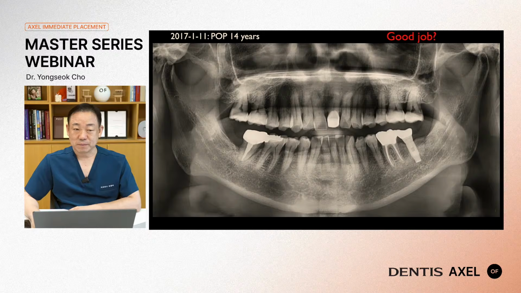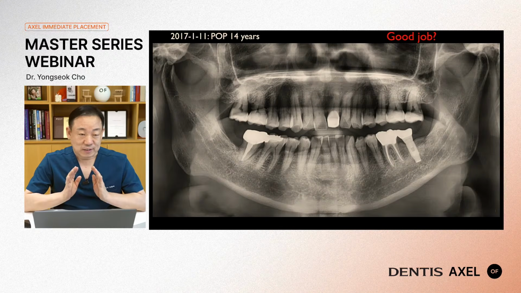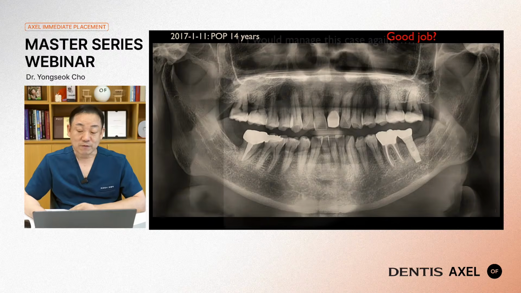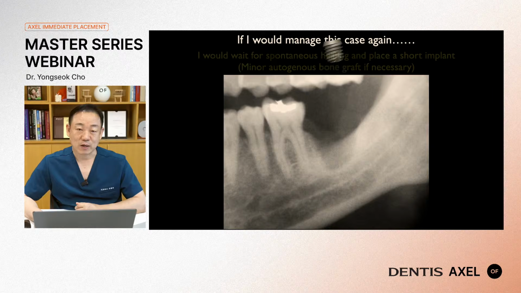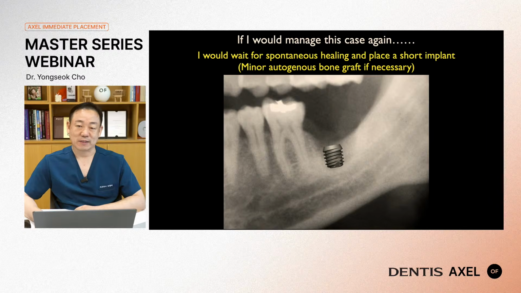Is this a good job? Anyone looking at this case would agree that the treatment was overly aggressive. I feel so. If I managed this case again, I would wait for spontaneous healing and place a short implant.